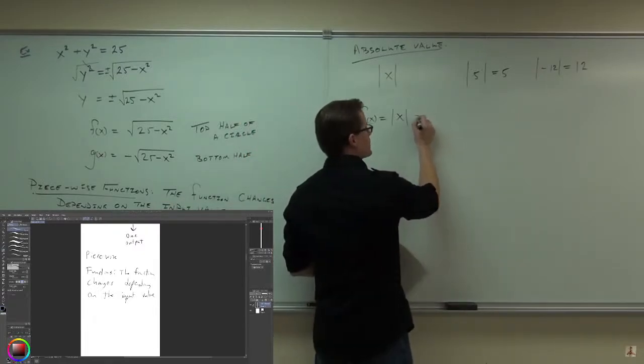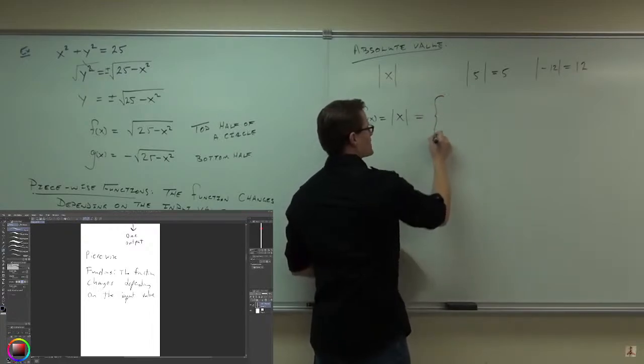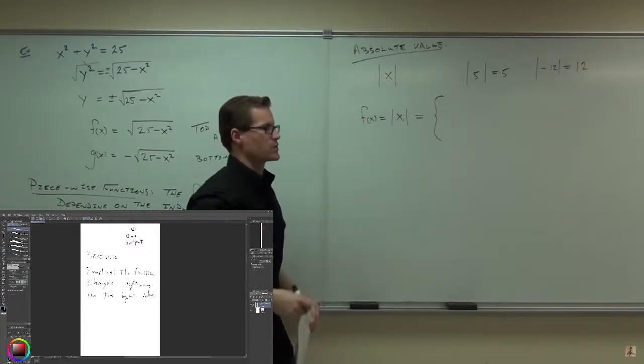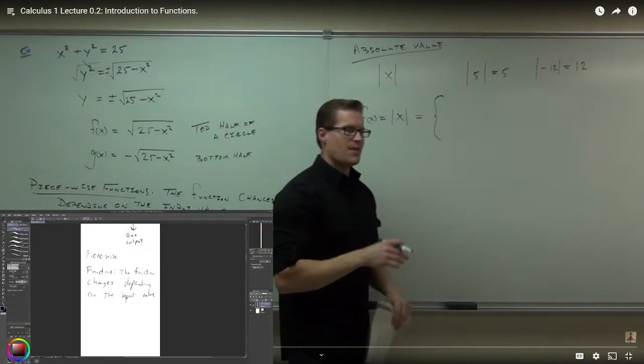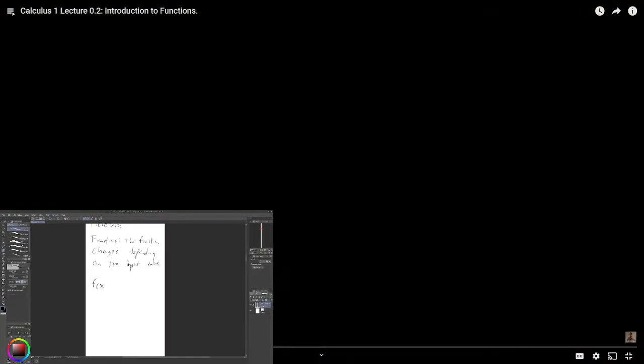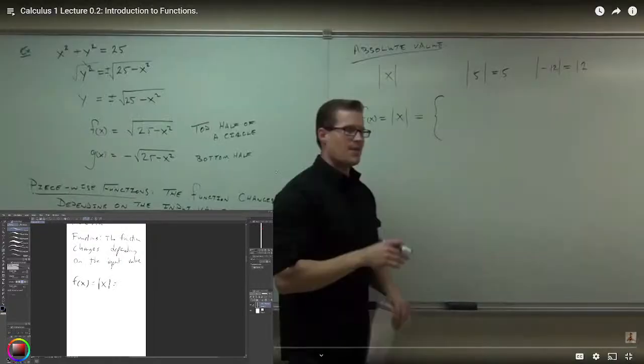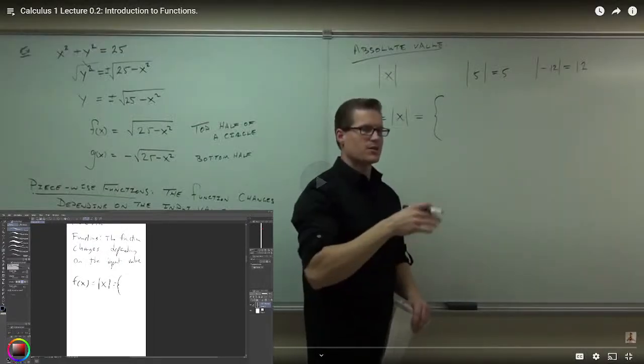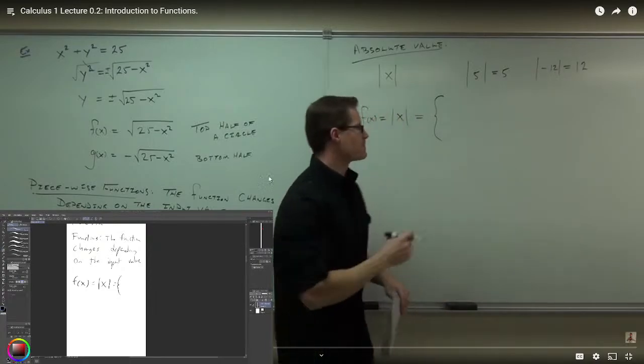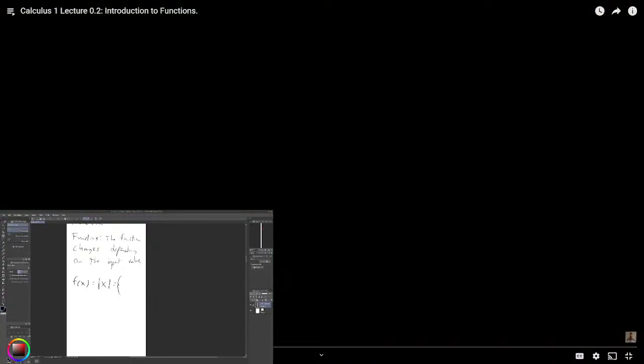Here's how a piecewise definition looks. It has that funny bracket that says all this stuff goes together. And then we have to define it on a piece-by-piece basis. Here's what the absolute value does.